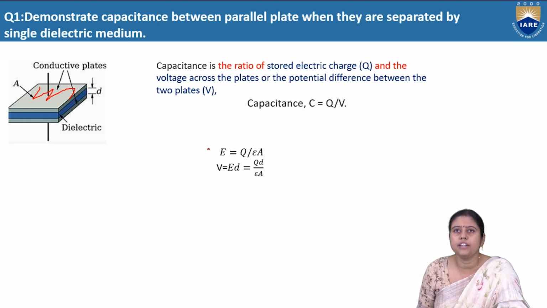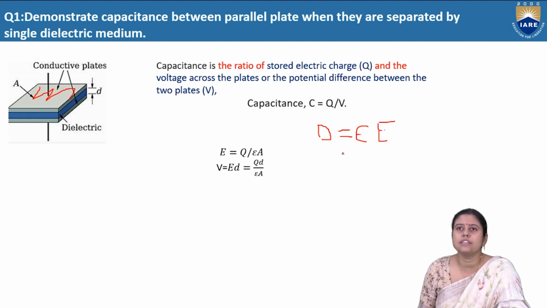E is the field intensity, equal to Q by epsilon into A. We know from Gauss law, flux density D is nothing but epsilon into E.